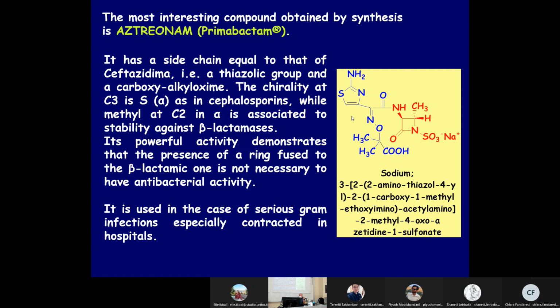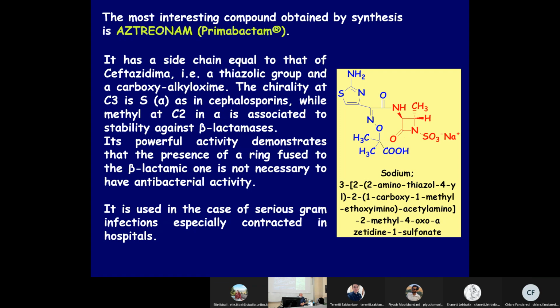You see the amino-thiazole group, hydrophilic aromatic ring, and the oxime, carboxyalkyloxime, able to defend the beta-lactam ring from the attack of the beta-lactamases, because this oxime forms a special shield, a special electronic cloud, very close to the reactive point.